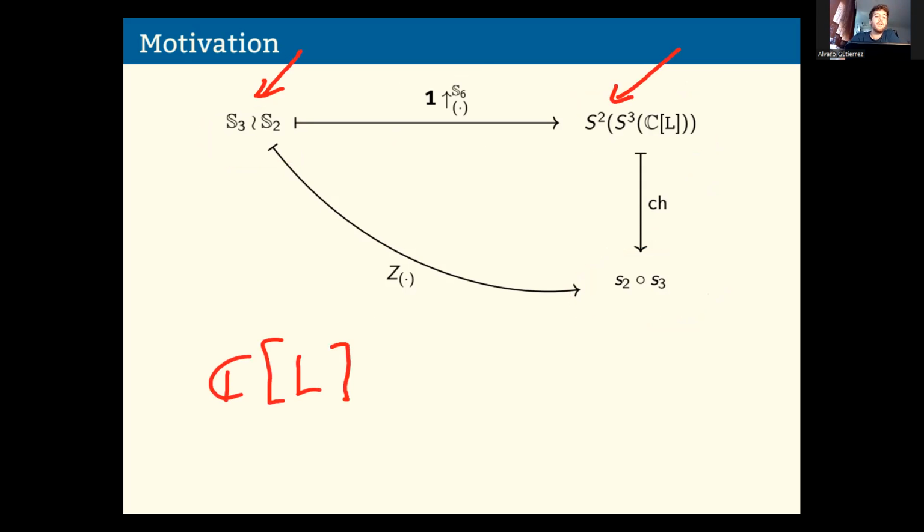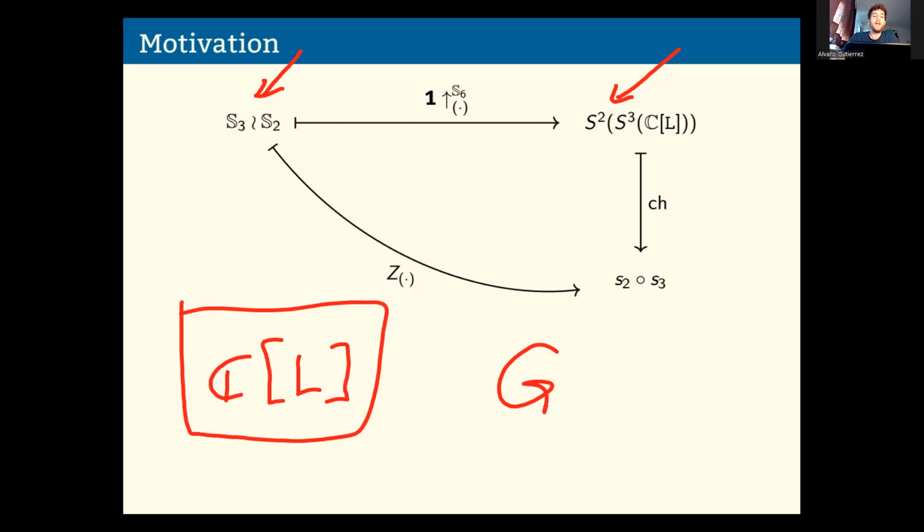Well, L is the group of leaves, but there's a good understanding. It's well known that representations of a finite module like this are just representations of GL_n.